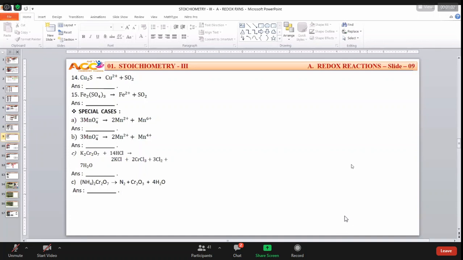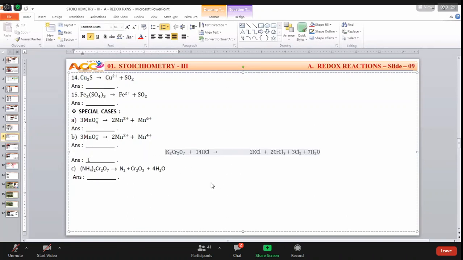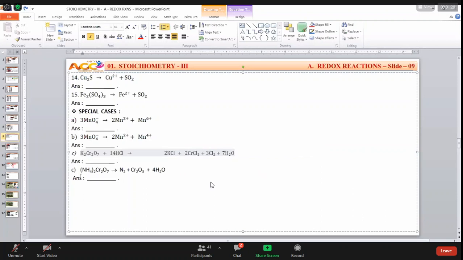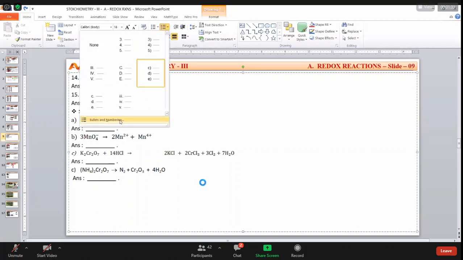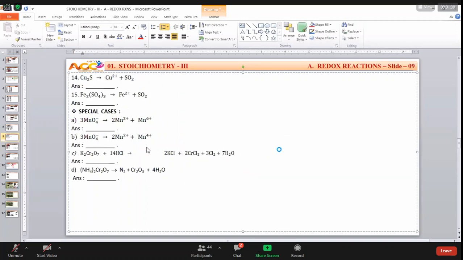Cases where we have to be somewhat conscious to find out what the N factor is. I have selected 4 such cases. Fine, come to case number 1.